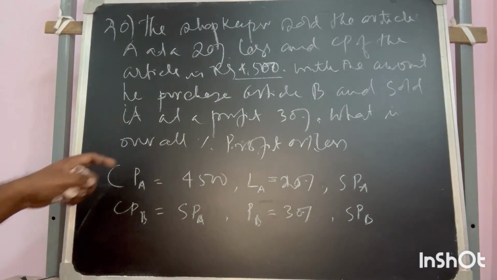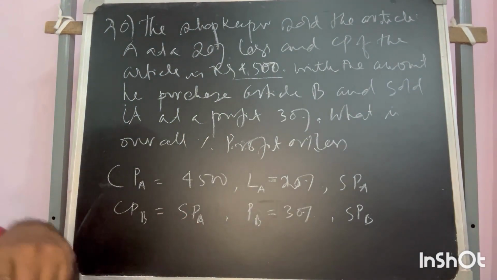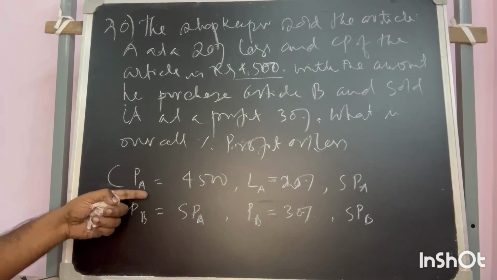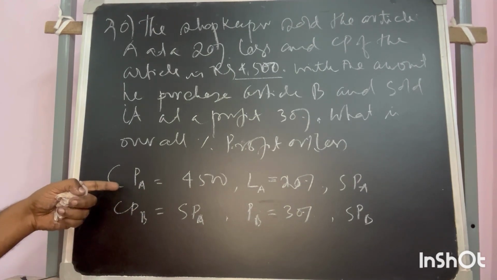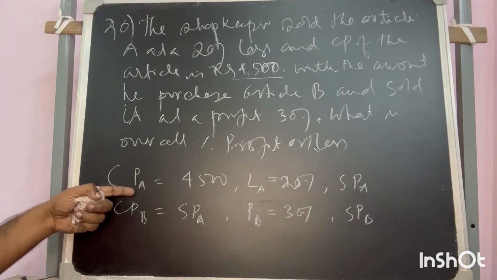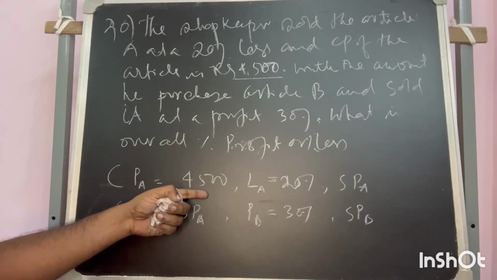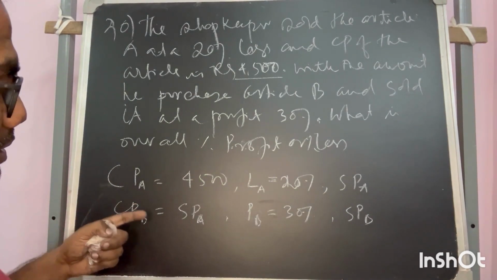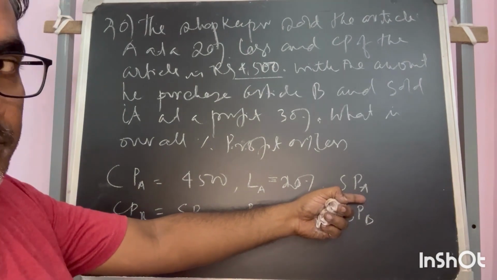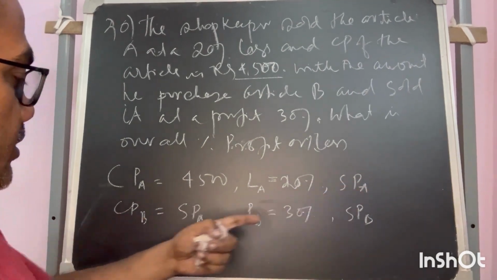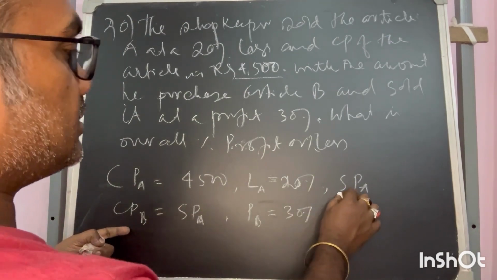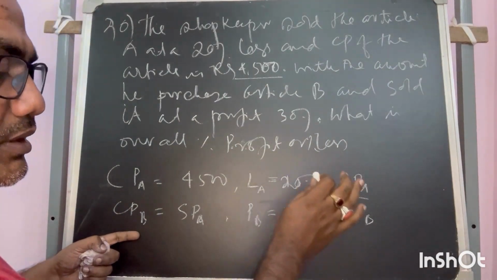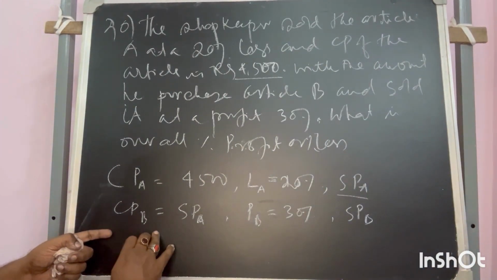So this transaction can be said to be one transaction if we forget for the time being that there are two articles A and B. Instead we can think that the article is initially sold at a loss, so some selling price you will get, and then after that he is purchasing B. Instead I can say that the same thing is then sold at 30% profit, and the transaction will also be of a similar kind.